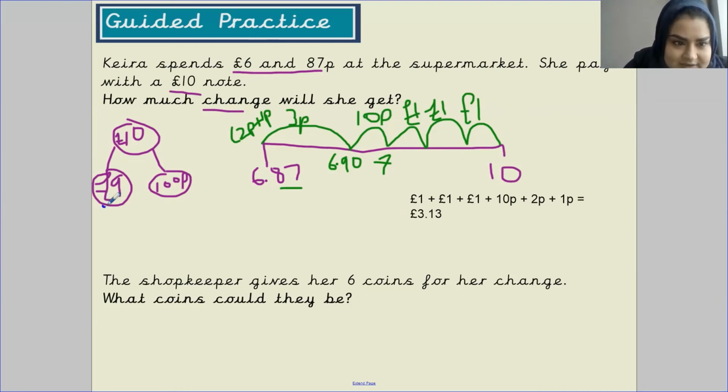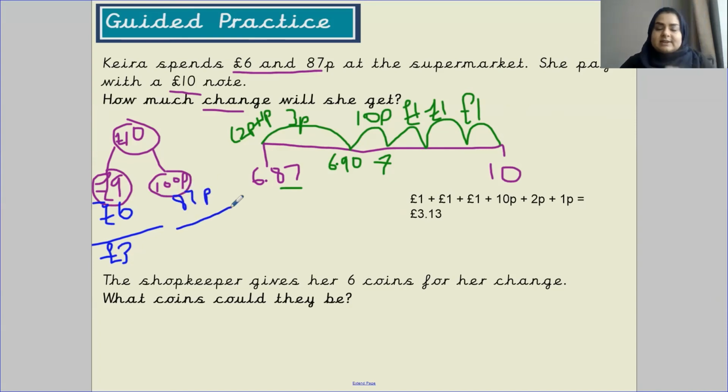So that's £9 take away £6, which gives me £3. Then I'm going to do 100p take away 87p. Now, if I do 100p take away 87p, this is what I will get.